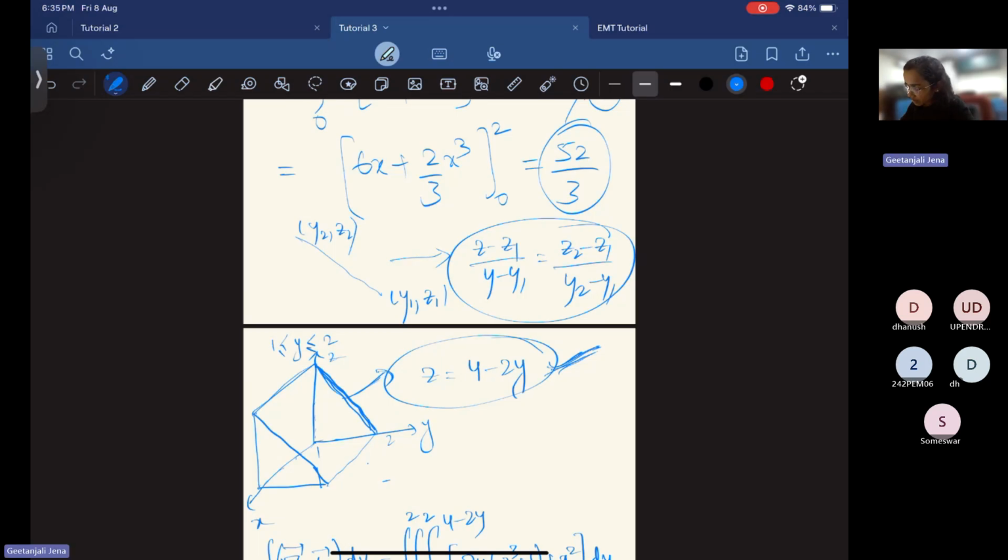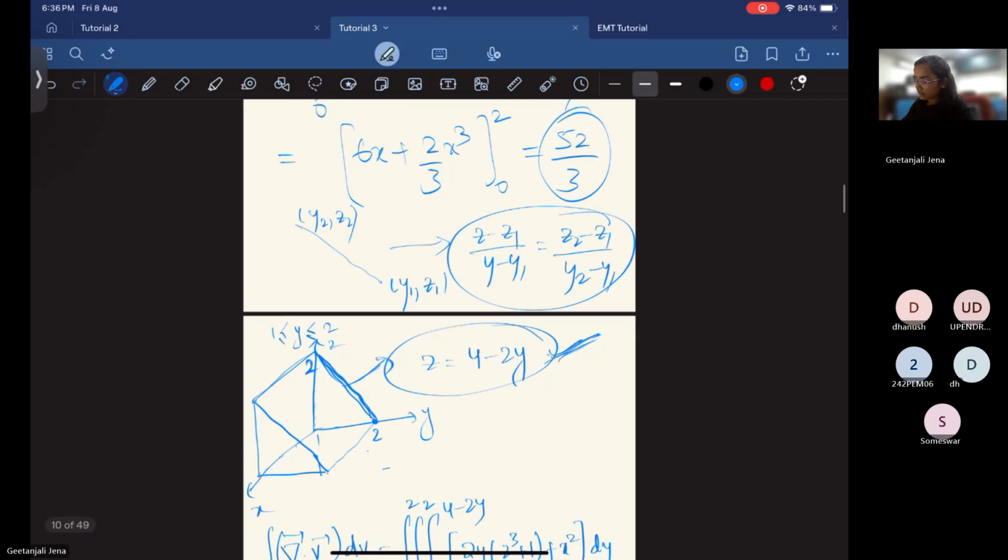Intercept is 1. Here the intercept is 2. Here also this is 2, not 1. I think that may be the reason that you are not getting it. And the x-intercept is also 2 here.